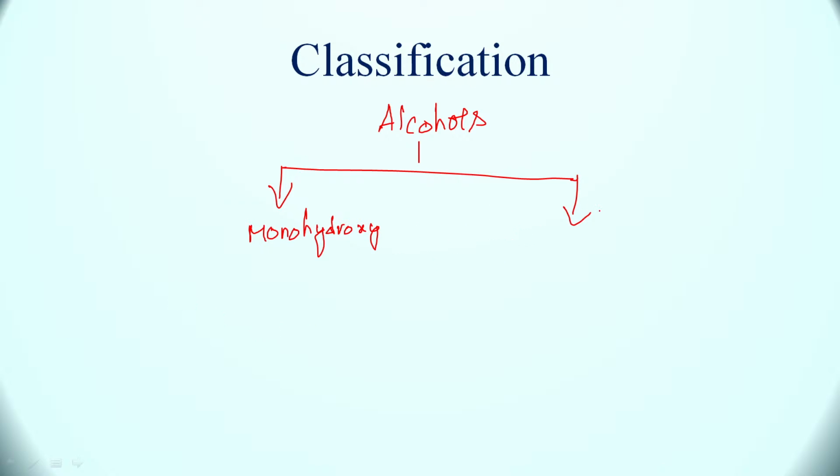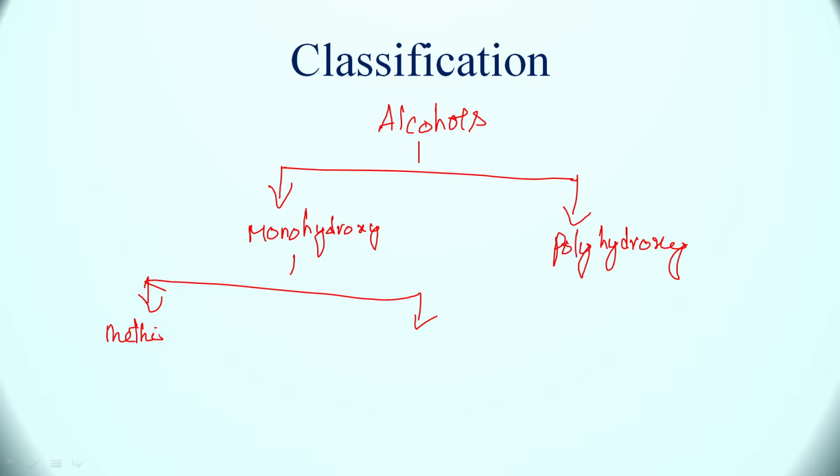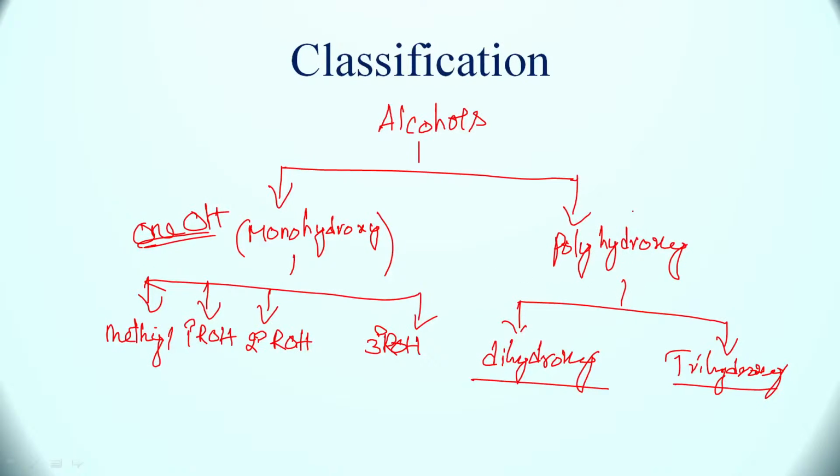Second one is polyhydroxy. In monohydroxy we have methyl and primary. In polyhydroxy we have two or more than two OH groups. Okay, this is the classification of alcohols.